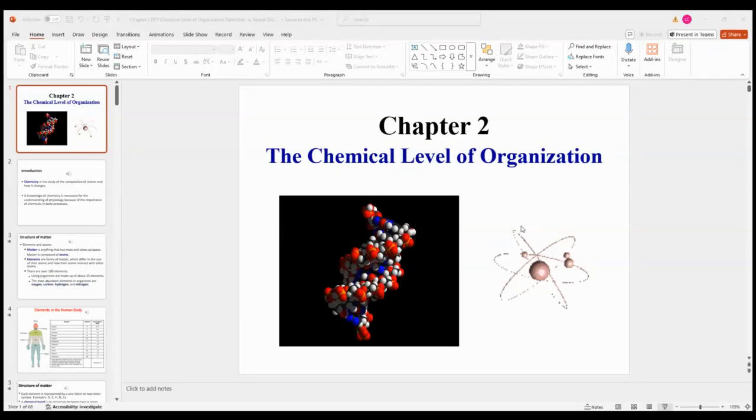So, why is this important? You've heard the expression chemical reaction. A chemical reaction is just, if you put 2 atoms together, it makes a molecule.